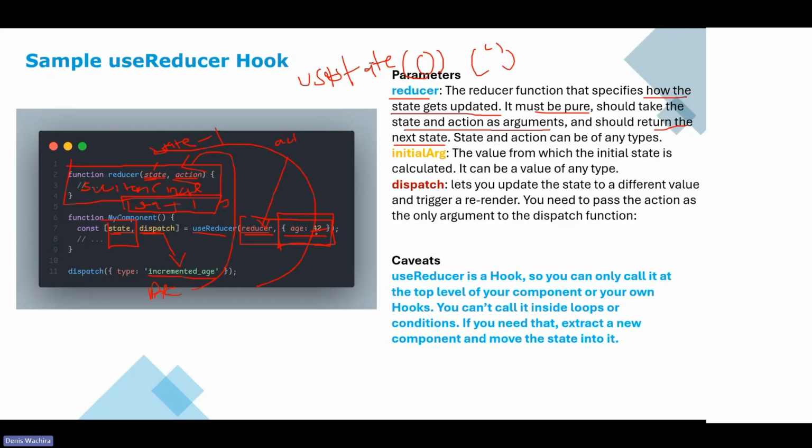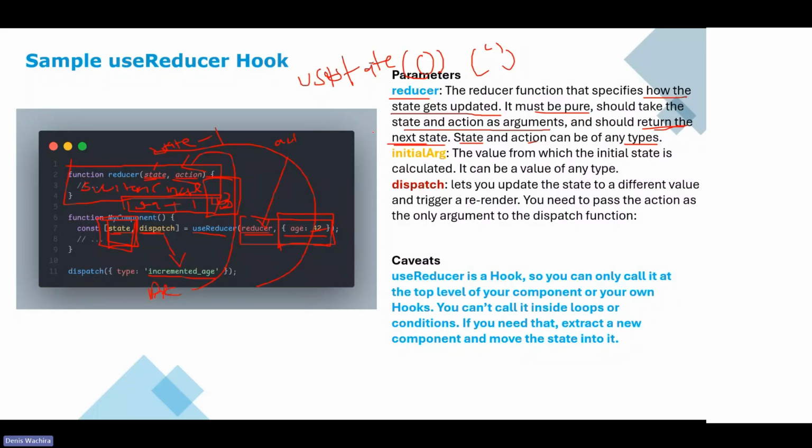Maybe if the age was 42, if I add 1 to 42, it will be 43. So 43 will be our new state, which will now be updated in this state of ours. So that is what is happening. It should return the new state. The state and action can be of any type, so it's up to you to know what type to use for these two variables you're passing there.